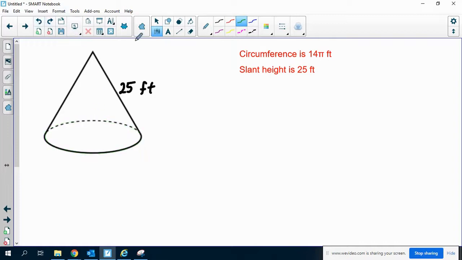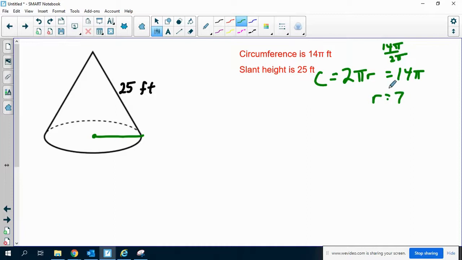If I want to find the surface area of this, the first thing I have to do is figure out what the radius is. 2 pi r is the circumference, and that's equal to 14 pi, so I can solve for r by dividing both sides by 2 pi. 14 pi divided by 2 pi gives me 7. So the radius is 7. Now the area of the base is 49 pi feet squared.